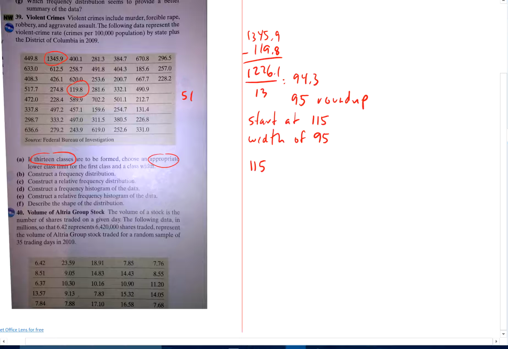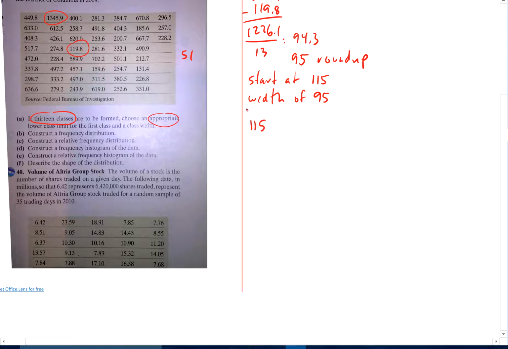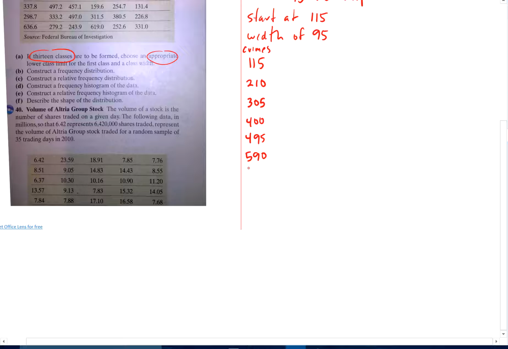this is crimes per 100,000. So 115 plus 95 is 210, plus 95 is 305, plus 95 is 400, 495, 590, just adding 100 and subtracting 5, 685, 780, 875, 970, 1065, 1160.